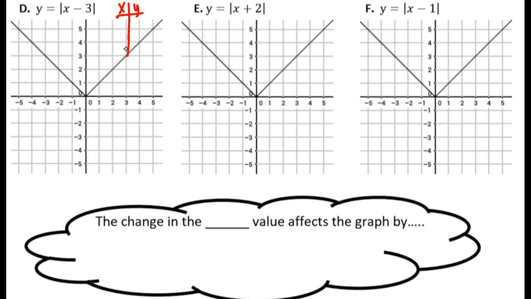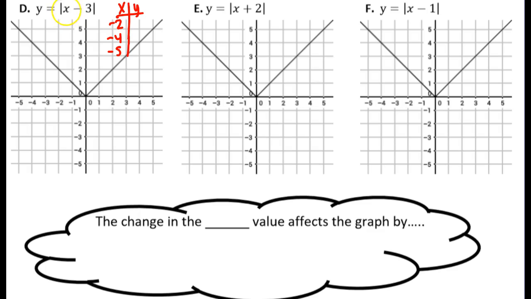You want to choose numbers that are around this -3. So some numbers that I might choose would be something like -2, -4, -5, just to kind of give you an idea of what is going on here. Now if we choose numbers and we go to graph it and it doesn't turn out exactly like a V-shaped graph like we think, then we might want to choose some other numbers.